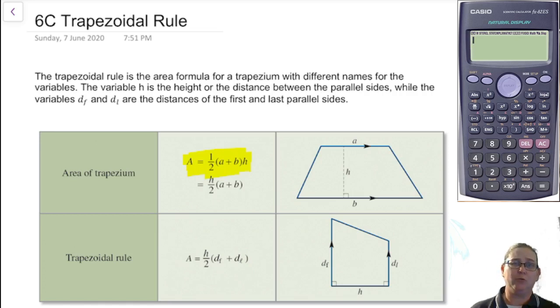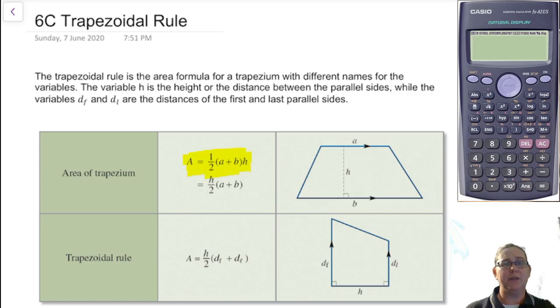Now, you'll notice that that looks suspiciously like the triangle formula for area, which is a half bh. And that's essentially where it comes from, because if you manipulate a trapezium in the right way, it actually forms a triangle. So we get that triangular formula.